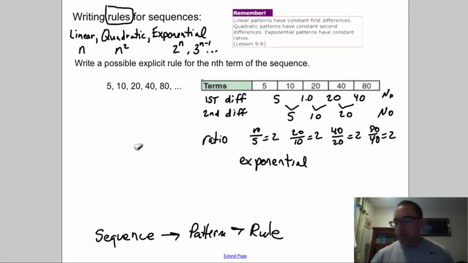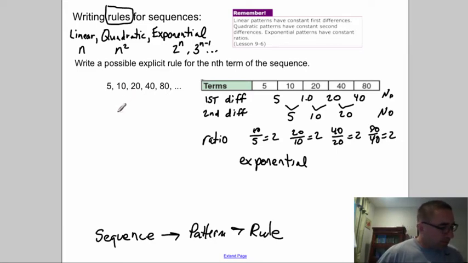Alright, so as I was saying, when I look at this pattern, I can see that a lot of them are multiples of 5, but also, if you think of it, 5 times 2 is 10, 5 times 4 is 20, 5 times 8 is 40, 5 times, what would that be, 16 is 80.